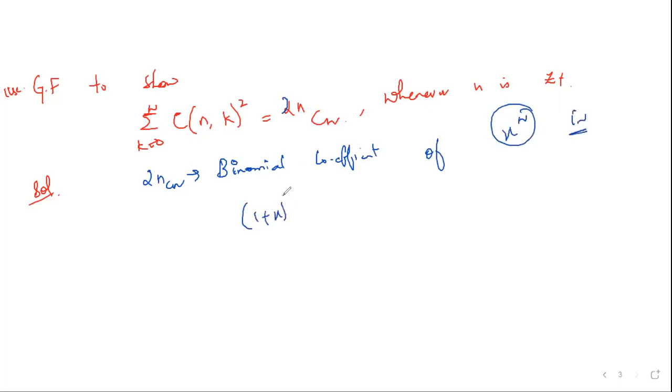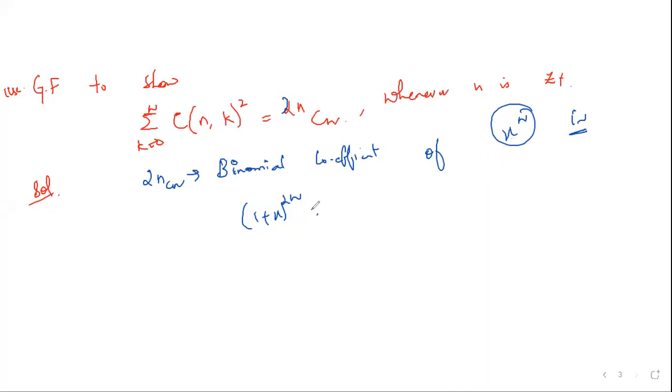In the formula (1 plus x) whole power 2n. So in this case, for (1 plus x)^2n, the binomial coefficient is 2nCn, for the x^n term.